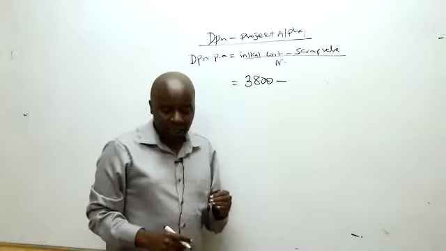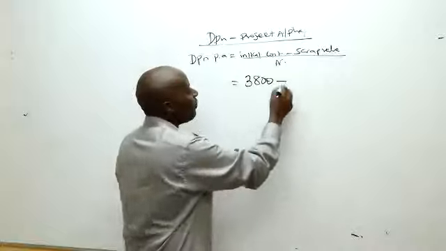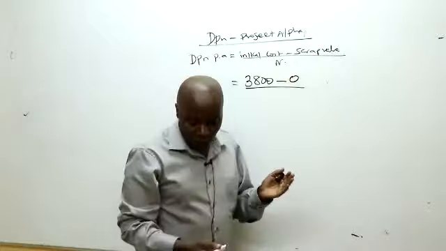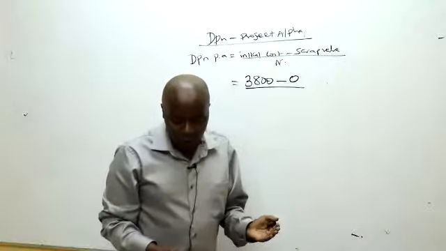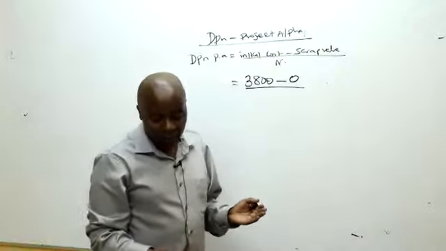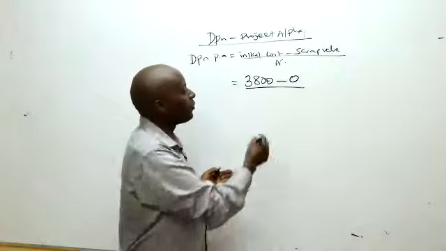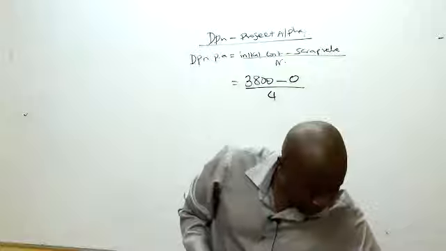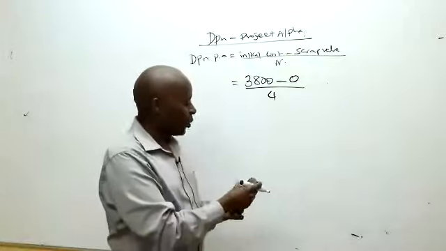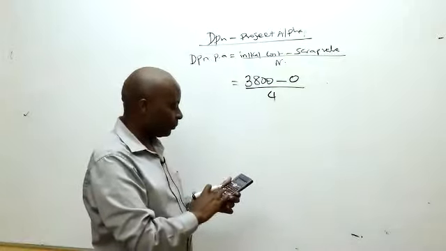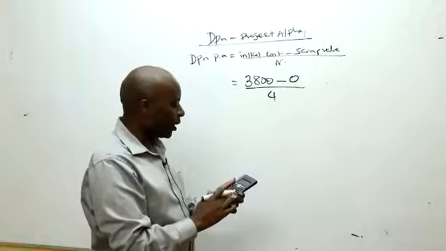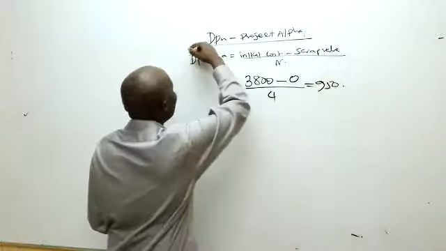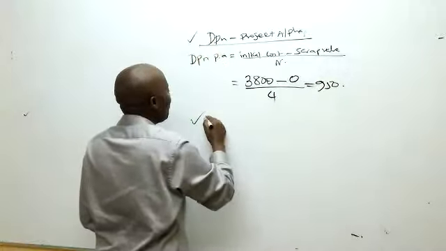Both projects have a zero salvage value, so scrap value is 0, divided by n, the project's lifespan, which is 4 years. So 3,800 divided by 4, giving us 950.